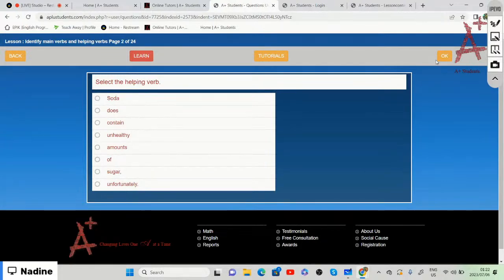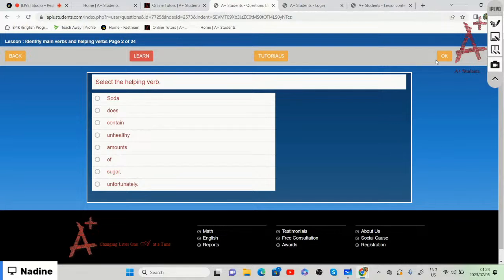All right, select the helping verb. Soda does contain unhealthy amounts of sugar, unfortunately. So we need to choose the correct helping verb within the words that we see here in front of us, right?